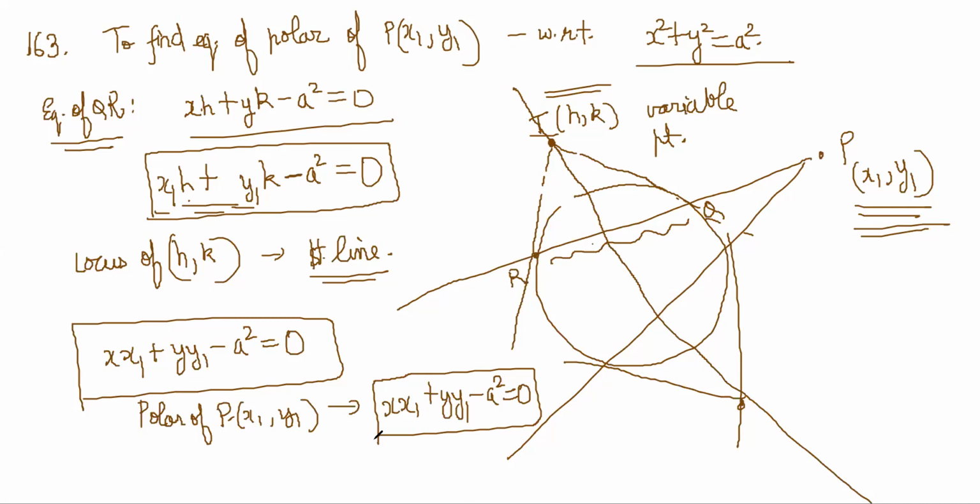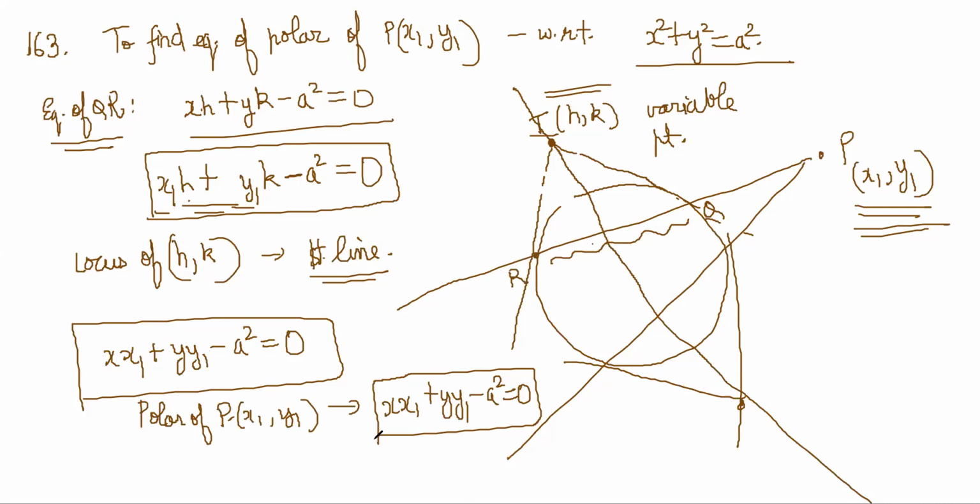That in itself is the locus of a straight line where hk is the only variable thing. hk changes and it's a straight line equation. So the required straight line is the locus of my point T, which is x x1 plus y y1 minus a square is equal to 0, just the same as it was for the chord of contact.